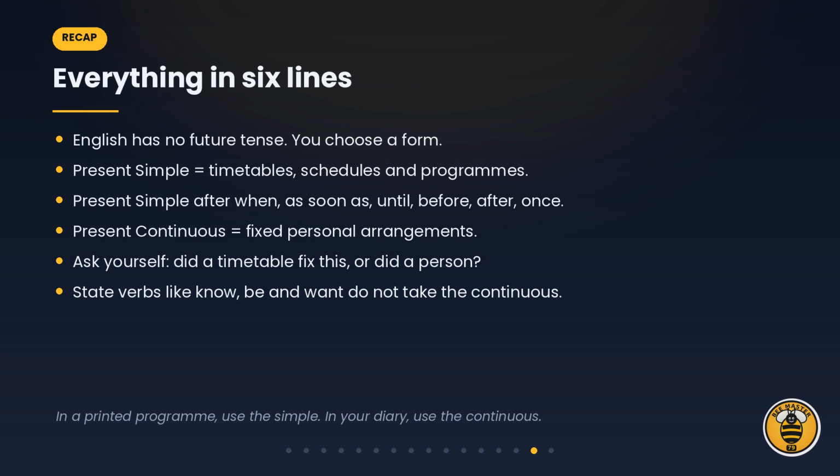The question that solves most problems is this: did a timetable fix this, or did a person? And remember that state verbs like know, be, and want do not take the continuous. Here is one short rule to take away. If it is in a printed program, use the simple. If it is in your diary, use the continuous.